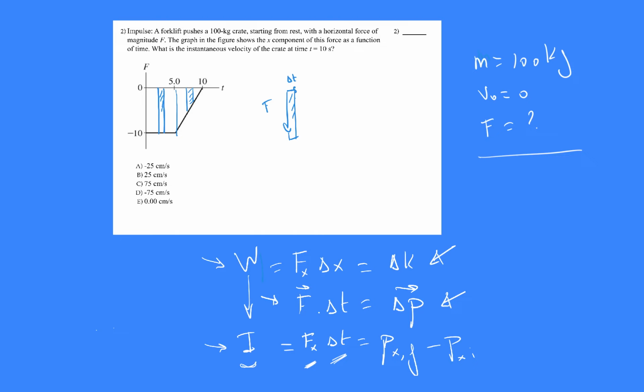We know the force. The force varies not with space like the other problem, it varies with time. What is the instantaneous velocity of the crate at time t equal 10 seconds?